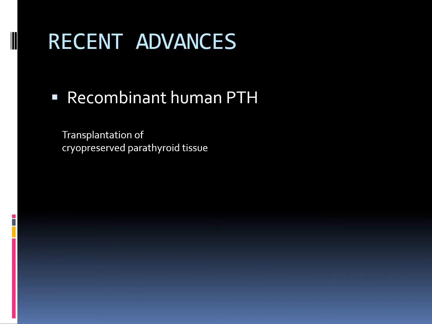Recombinant human parathyroid hormone preparation is superior to the conventional therapy in reversing the fatigue and muscle weakness reported by some patients with hypoparathyroidism. Some patients may benefit from transplantation of cryopreserved parathyroid tissue.